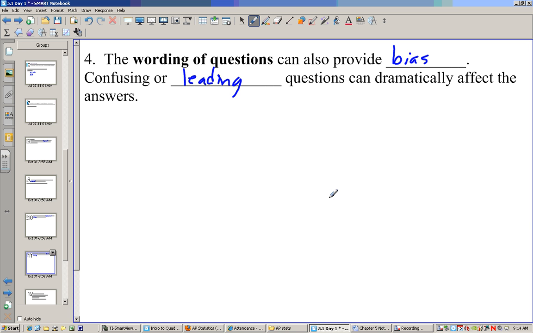If you said, "Is Obama doing a horrible job with immigration?" that's leading people to believe that maybe he is doing a horrible job. So people might tend to agree, when if you just ask them, "How would you rate President Obama on immigration?" Those are two completely different questions. So the wording of the question can also lead people in particular directions, which can throw the data off.